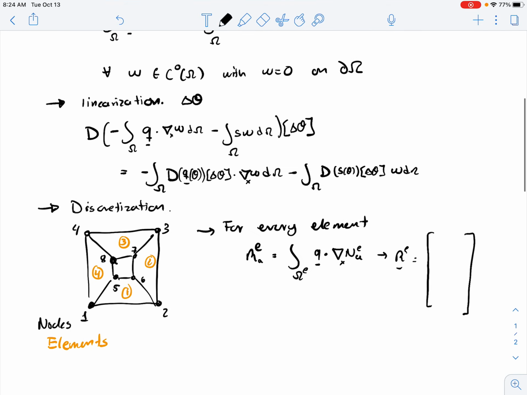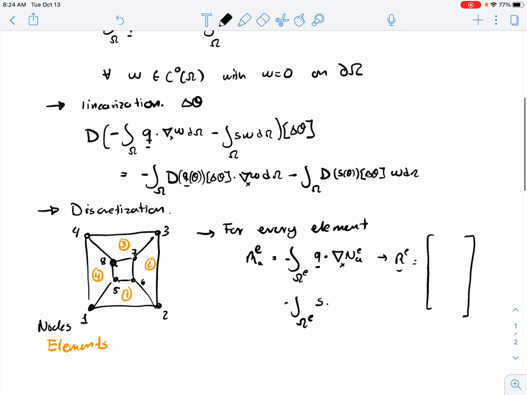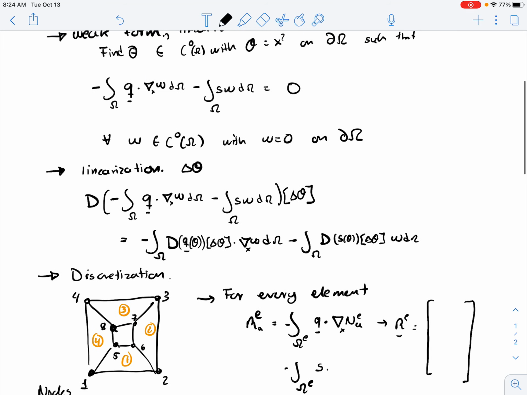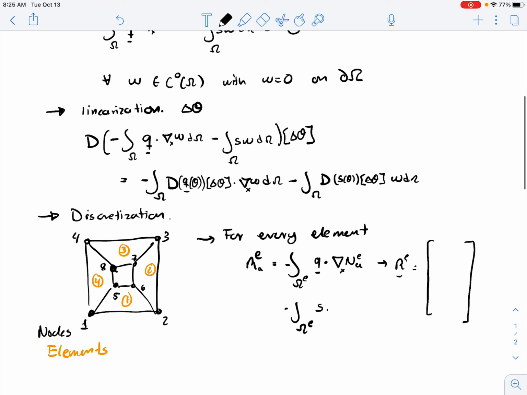Then that one actually has a minus, and then minus the integral over the element of s times, again, in the initial weak form there's a w. Once you plug in the discretization of the w as the sum of the shape functions times the nodal values, then the only thing that survives here is the shape function.